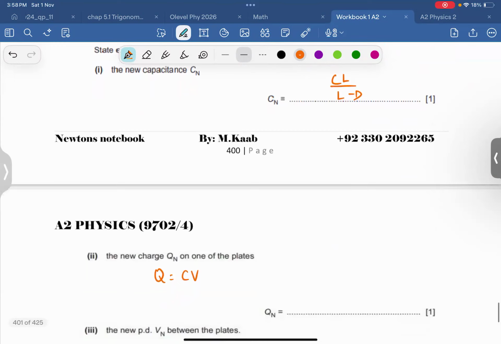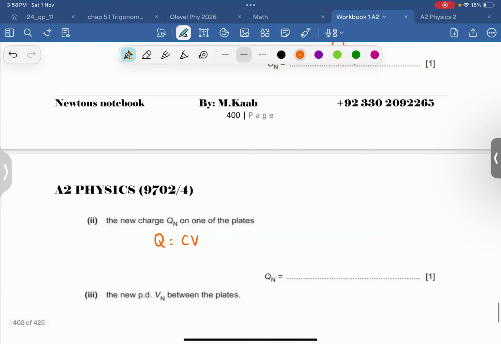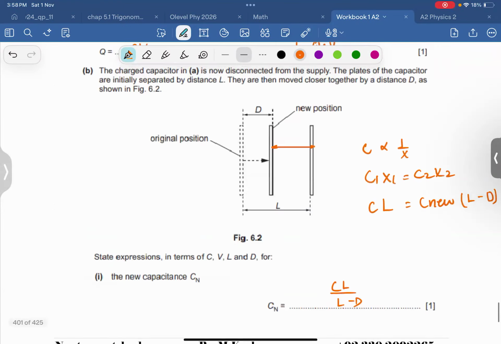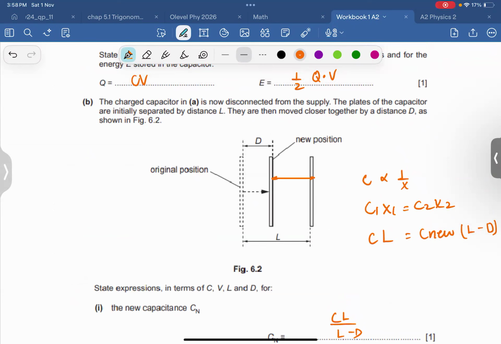Wait, it should be the same. There won't be any change, because you're just moving the plates together. You're not connecting the capacitor with anything else outside the circuit, right? So I think this would be the final answer.